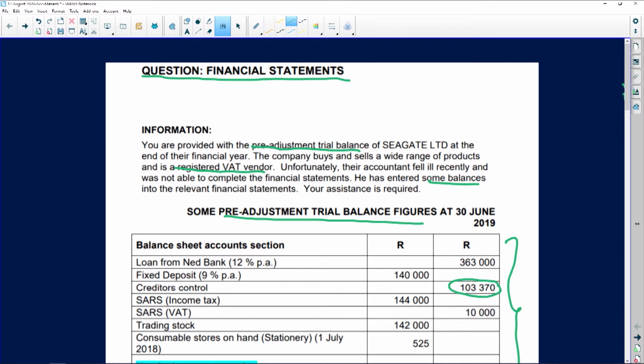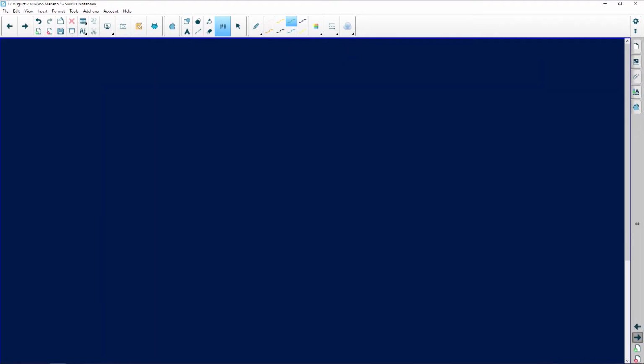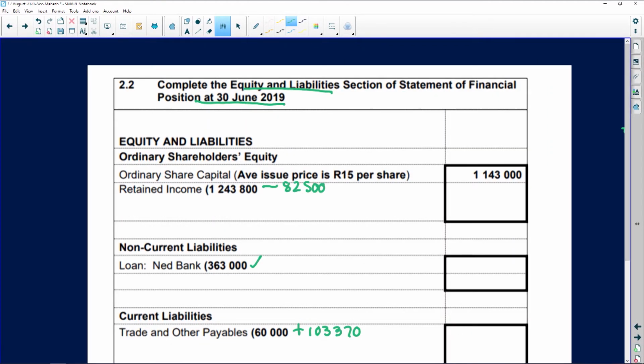Okay, right, next amount to bring down. We've got SARS income tax, an amount of 144,000. Now, often you will not bring down this balance anyway. You will wait until you can determine the tax expense for the year. But in this particular case, if we go to our answer sheet, I need to show you guys something.